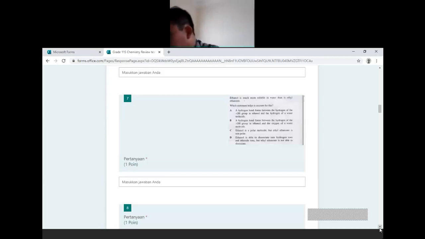And then D, ethanol is able to dissociate into hydrogen ions and ethoxide ions, but ethyl ethanoate is not able to dissociate. This option D is a correct statement also. It is correct.